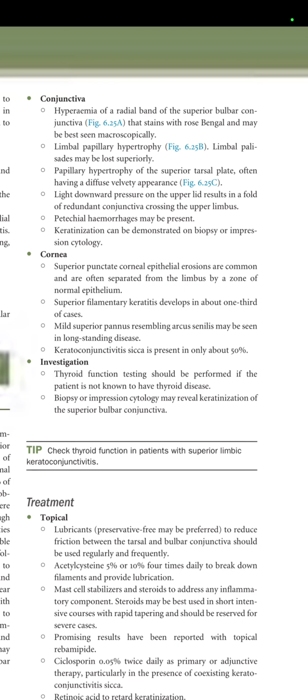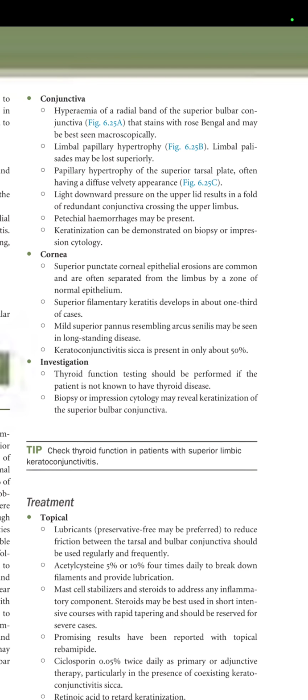So papillary conjunctivitis will set in, with papillary hypertrophy in the limbal area and in the tarsal plate. Light downward pressure on the upper lid results in a fold of redundant conjunctiva crossing the limbus. So when you press the upper eyelid, the loose conjunctiva will appear below the upper eyelid.